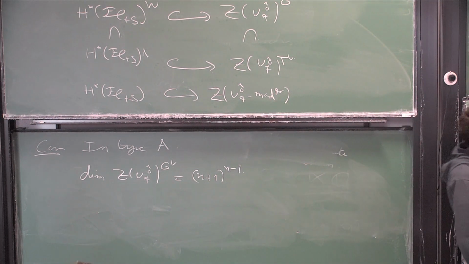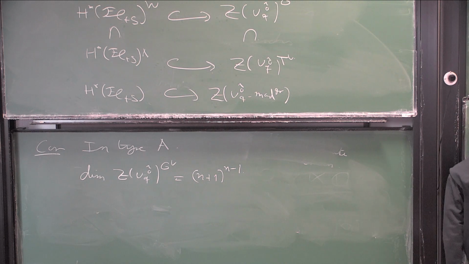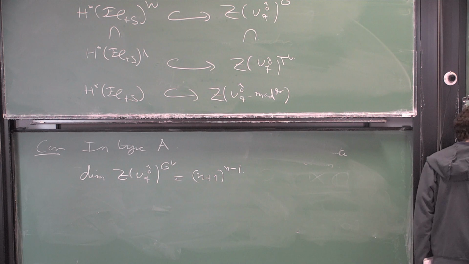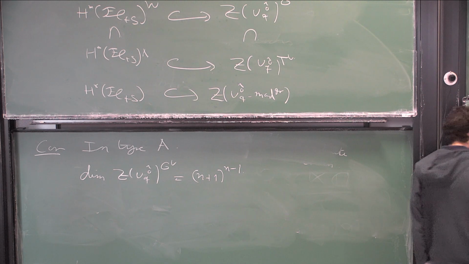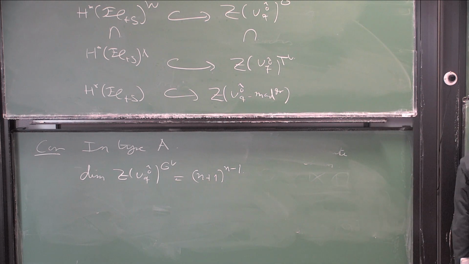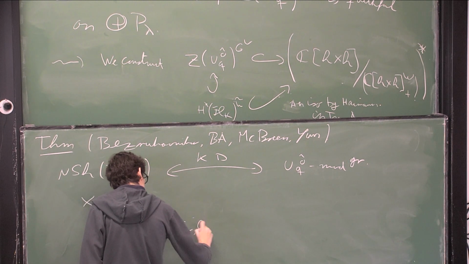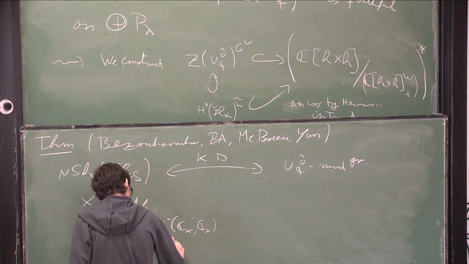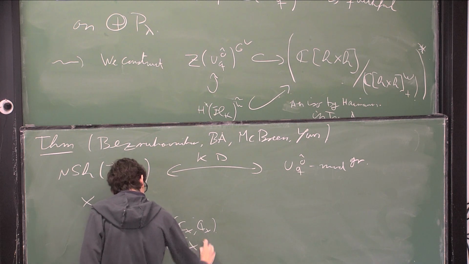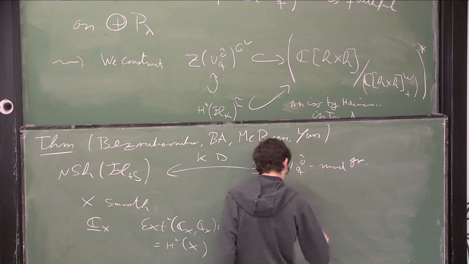And from here, for example, if we have some smooth component X, then there is some sort of constant sheaf on X, some object that looks like a constant sheaf on X, whose endomorphisms, or whose Ext algebra, is just the cohomology of X. And this thing is going to correspond to some sort of projective object here.